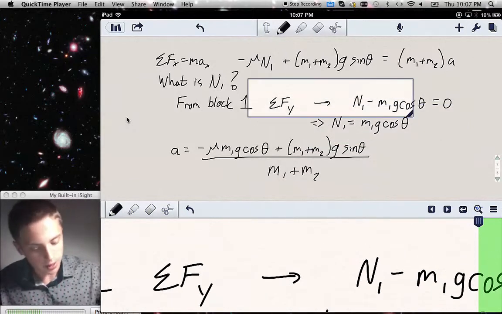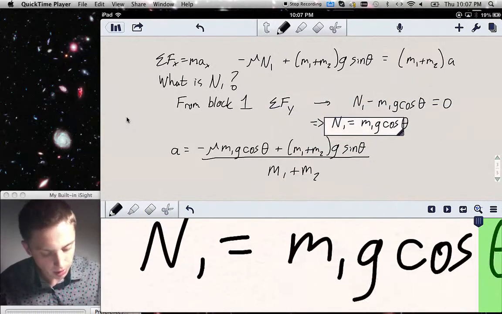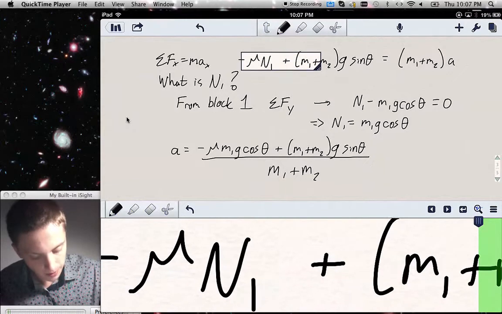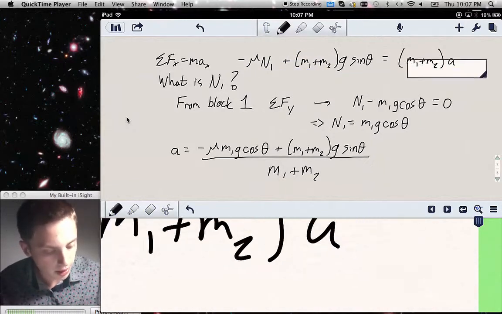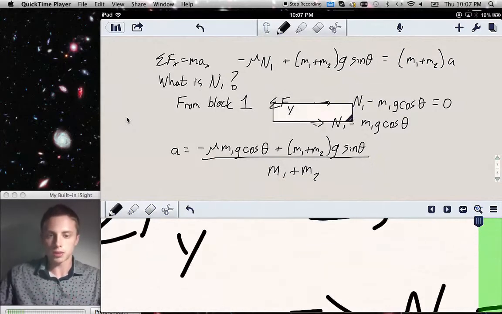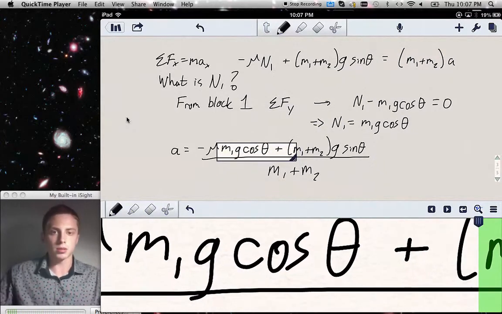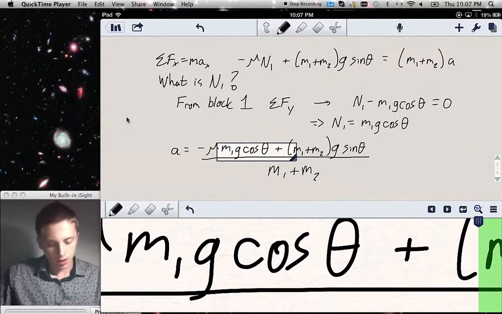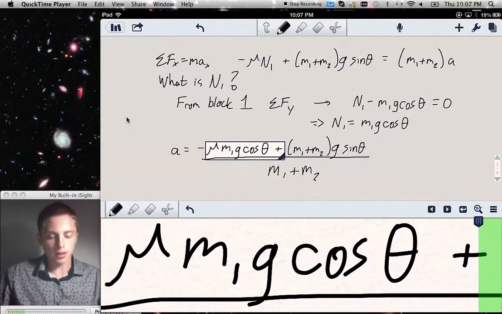Now we plug this result for N1 in here, and we solve for A by dividing both sides by m1 plus m2, the coefficient in front of A, and we get this result, where I just have m1g cosine theta in place of N1.